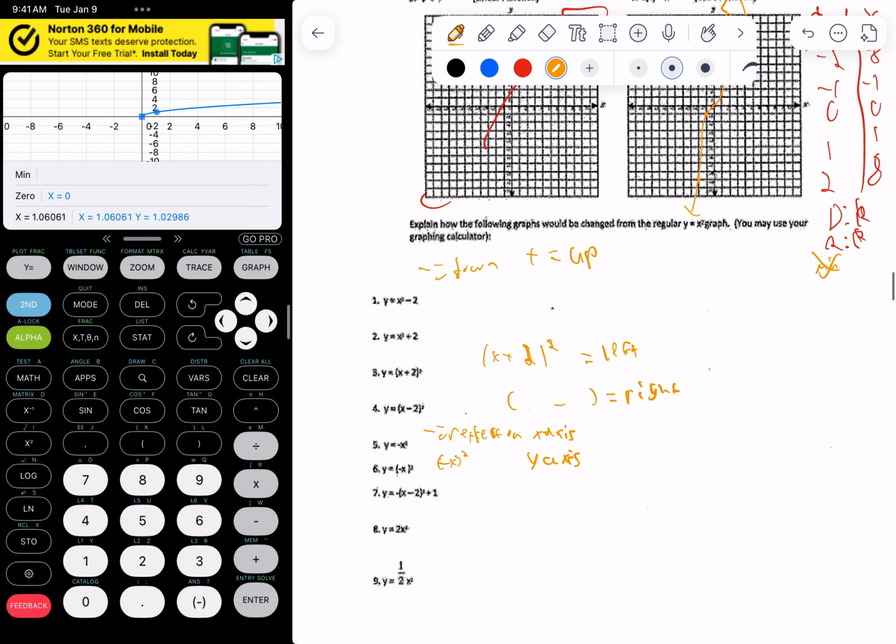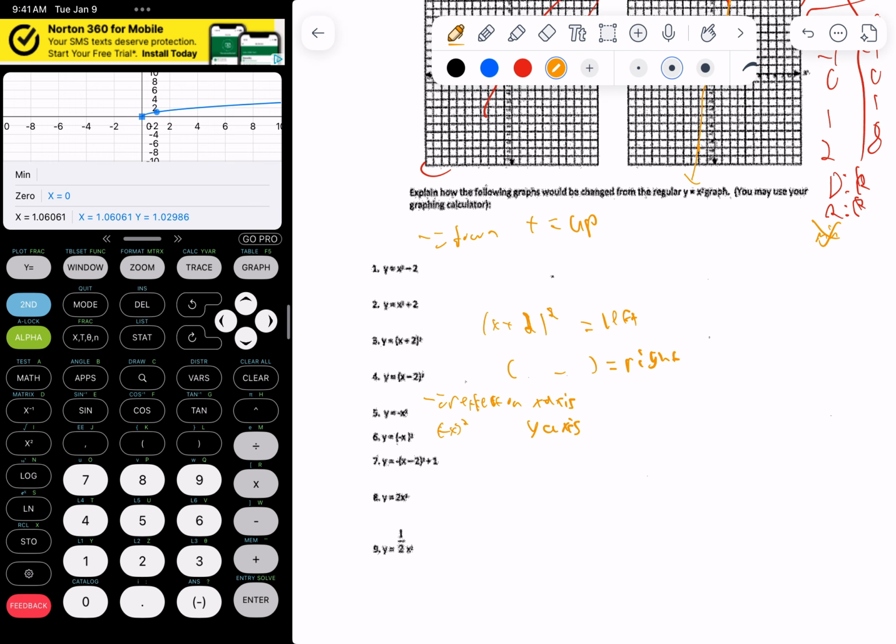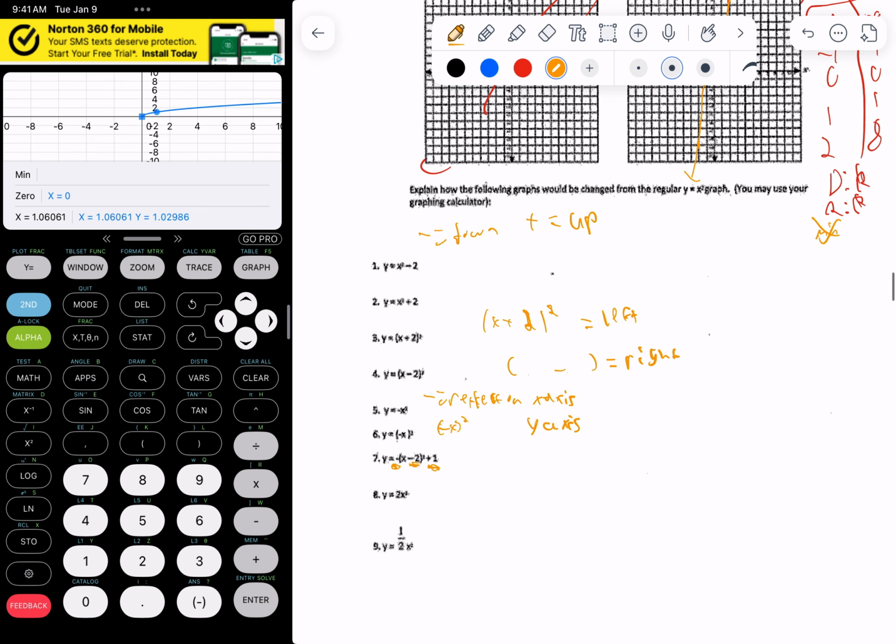So this is just a combination of a bunch of things. You reflect in the x-axis, you go up 1 because of here, you reflect because of here, and you go to the right 2 because of the negative in the parentheses.